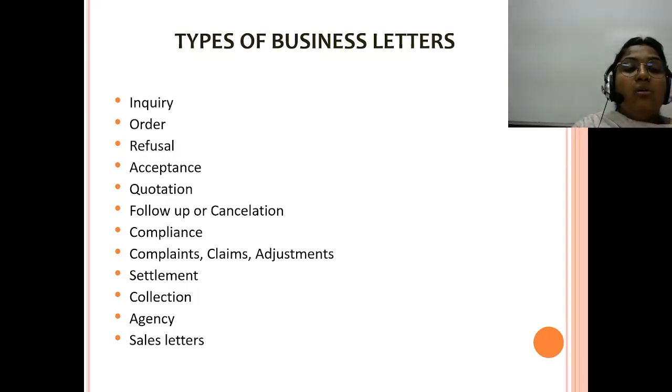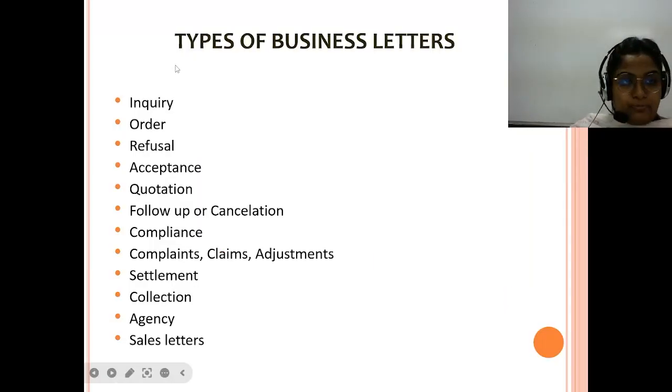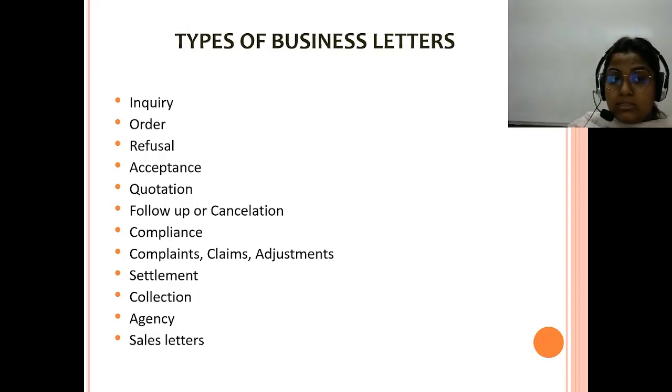Okay, now we have learned about the offer letter. Next, the thank you letter. What do you understand by the term thank you letter? A professional thank you letter is an important way to let colleagues, employers, vendors, or other business contacts know you value their time or efforts.